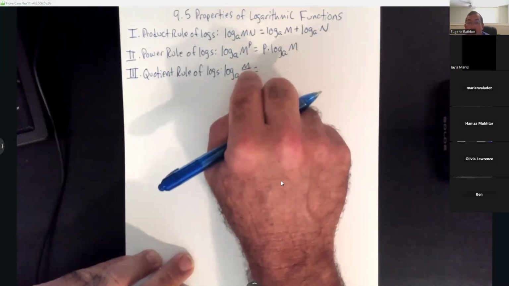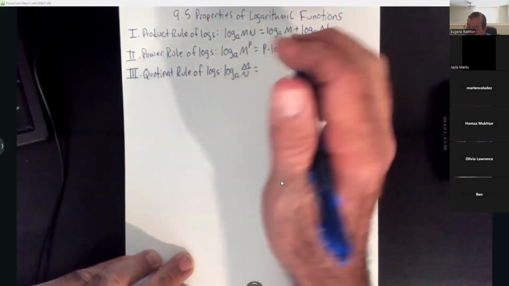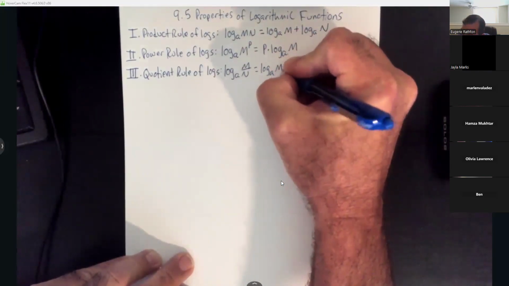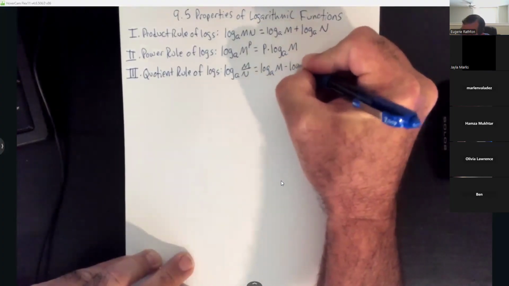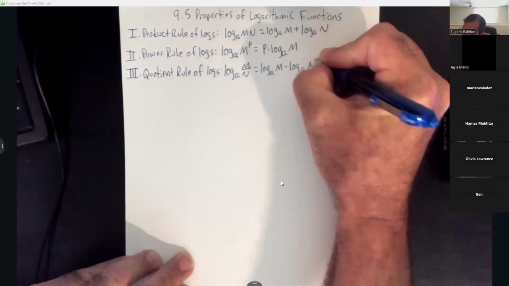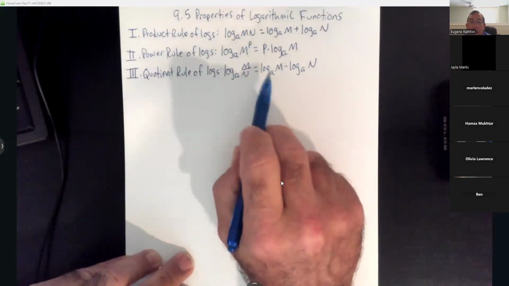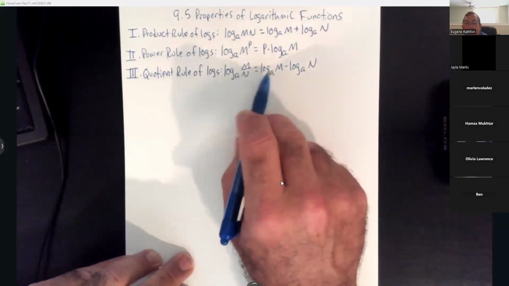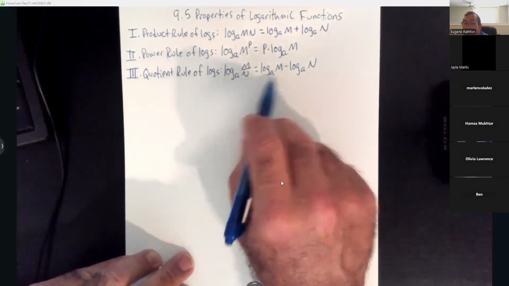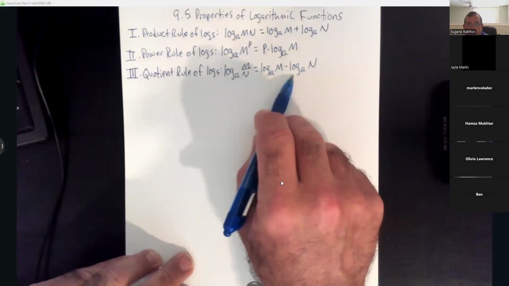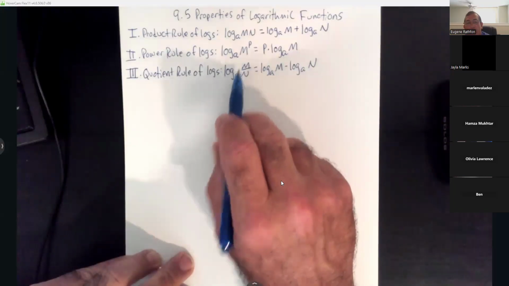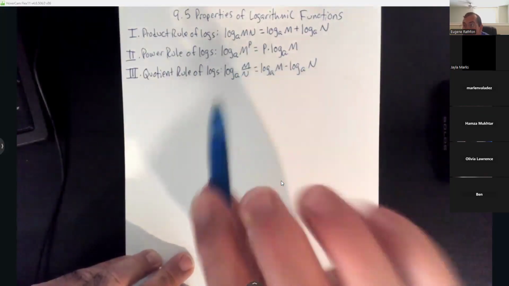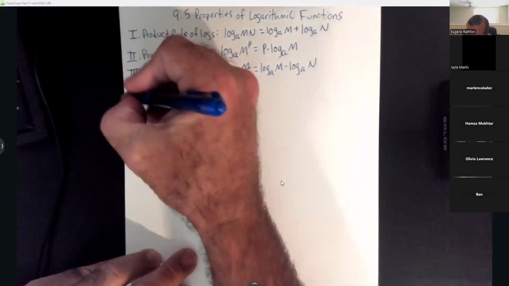And then when you got division going on, you subtract the exponents. So this would be the log base A of M minus log base A of N. It's always the top minus the bottom on these. So these would say something like rewrite as a difference of logarithms, okay? And when you were dividing variables, you subtracted the exponents. So this sort of mirrors that, okay?